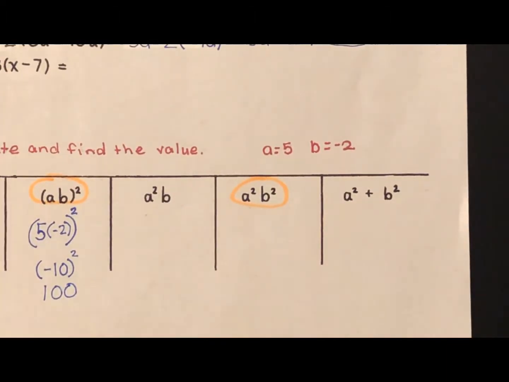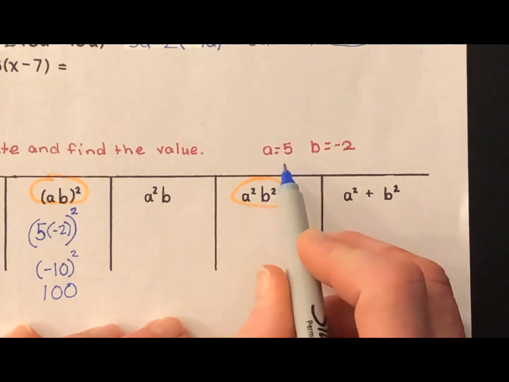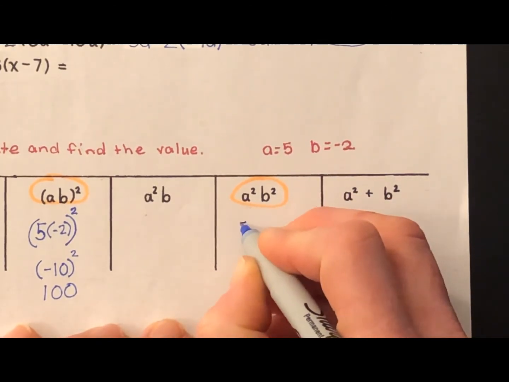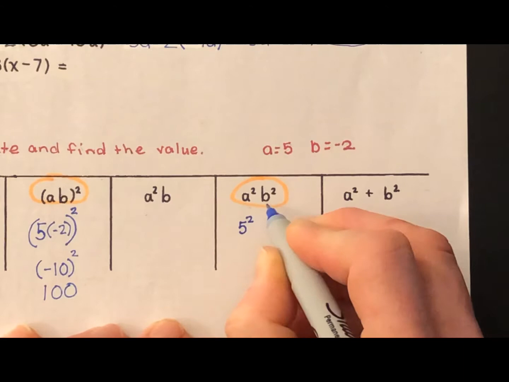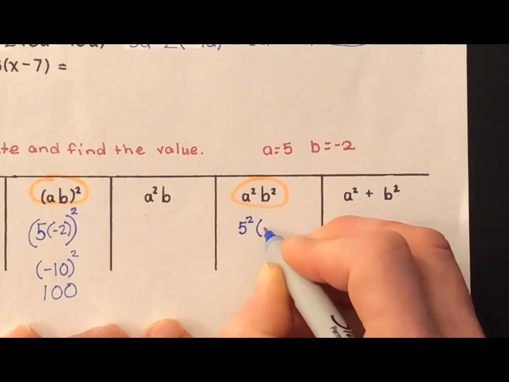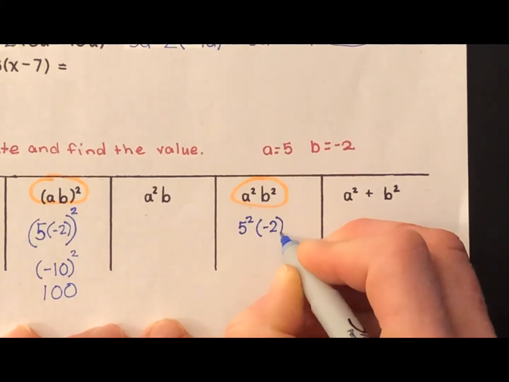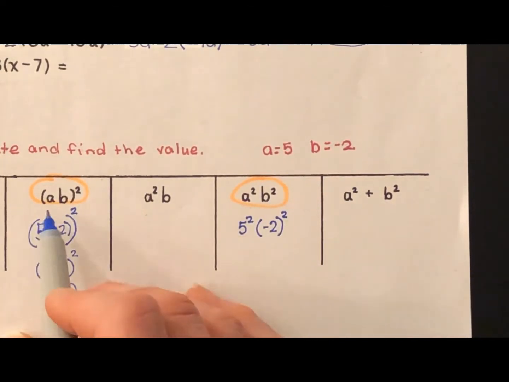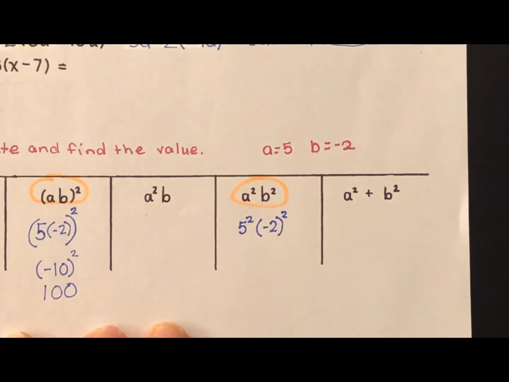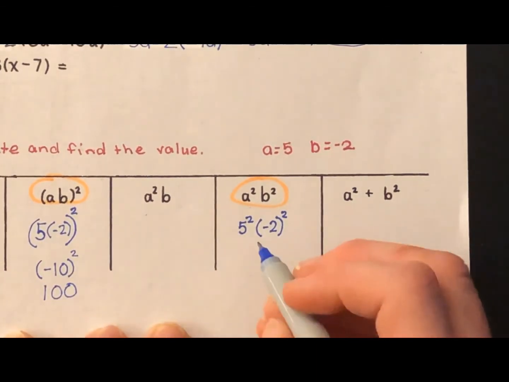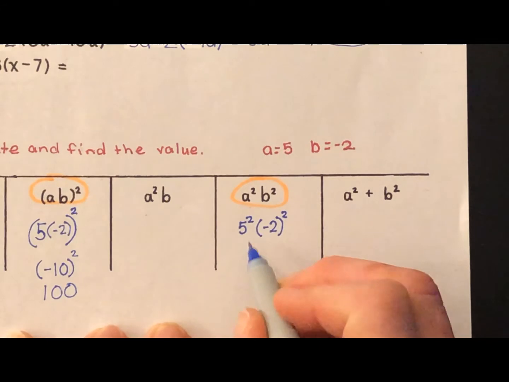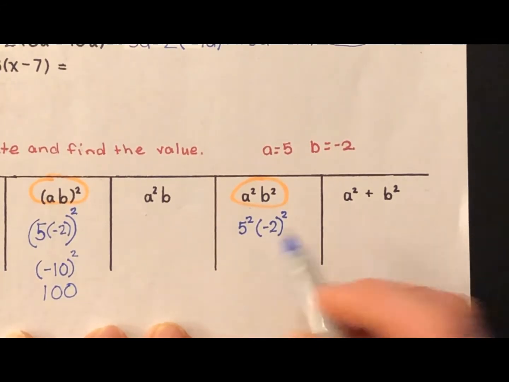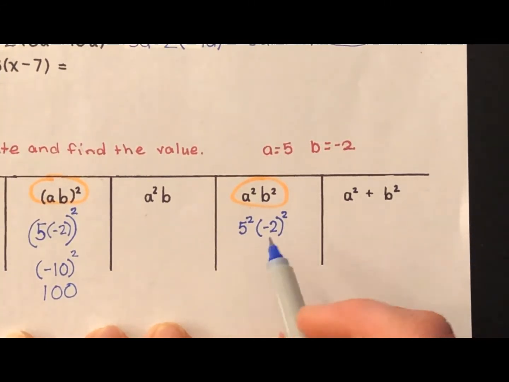Let's move on to a squared b squared. Looks similar. A is 5, so 5 squared times b, which is negative 2. I feel like this is going to be the same because a squared and b squared are both in parentheses. So we've got multiplication and exponents.